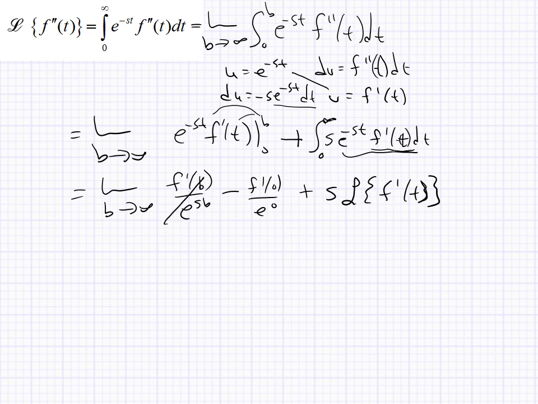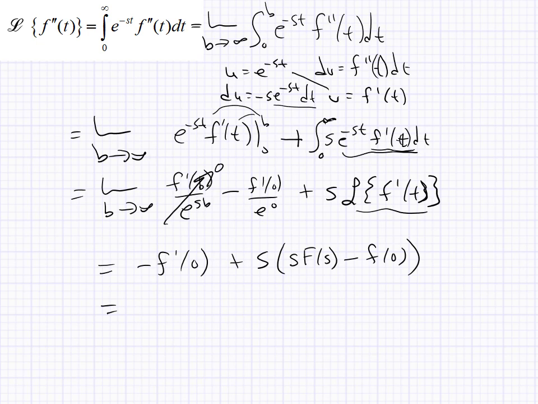Well, as b goes to infinity, that's going to go to 0 for all the same reasons. And I'm going to be left with negative f prime of 0 plus s times the Laplace transform of f prime. Well, we just said that was s capital F of s minus f of 0.